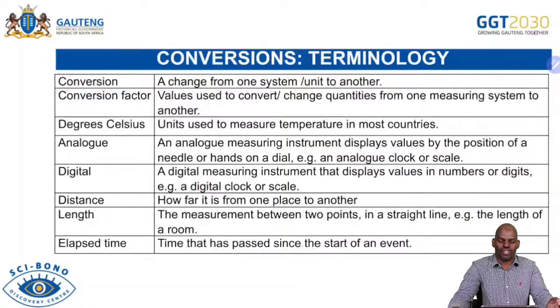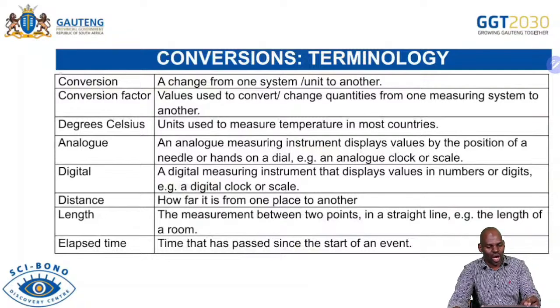But some of the terminologies that we find under conversion, of course, we are working with conversion. You need to understand when we say conversion, what are we referring to? What do we mean by that? So in this case, a very simple definition is a change from one system or one unit to another.